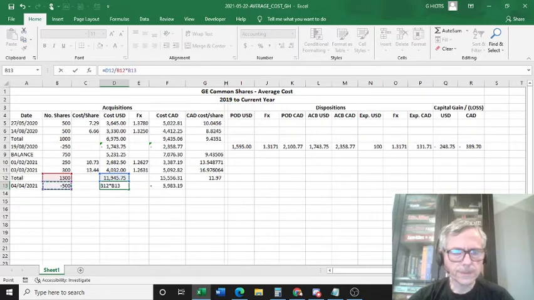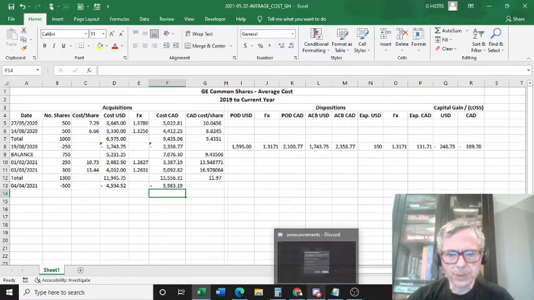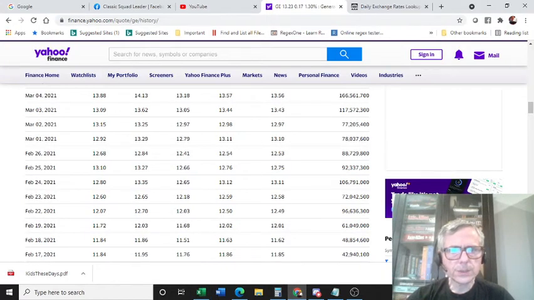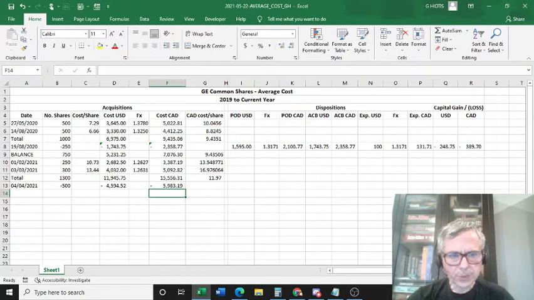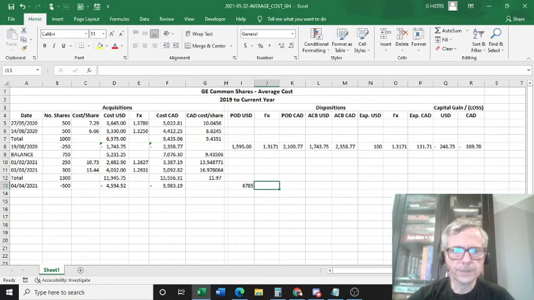There you go. So how much was my disposition for? Let's go back. The closing we agreed was $13.57. So let's put here equals 500 times $13.57.